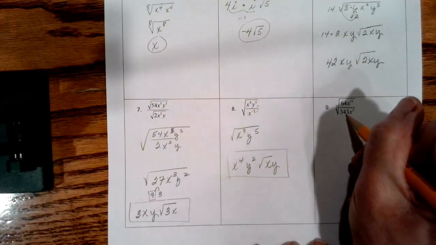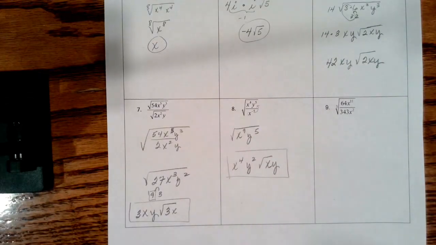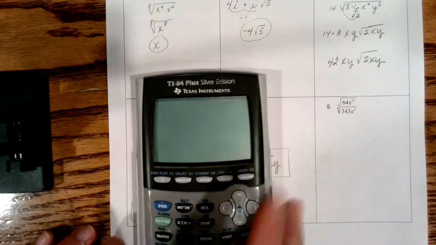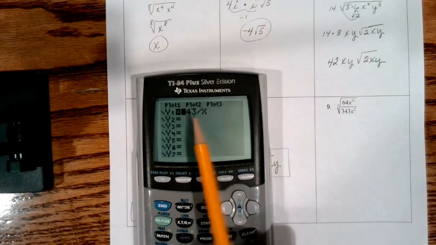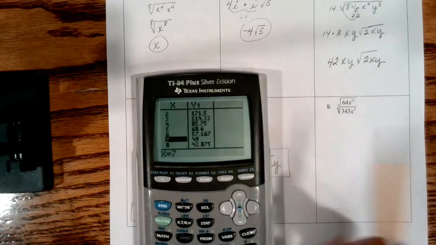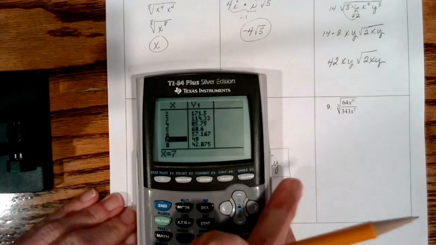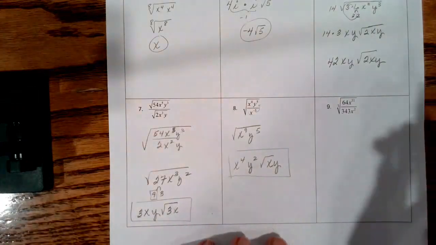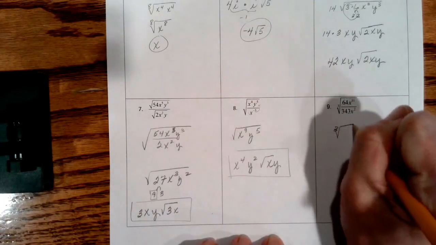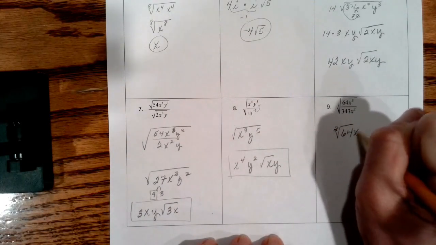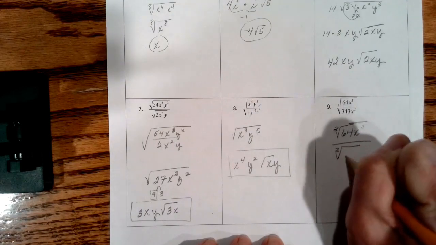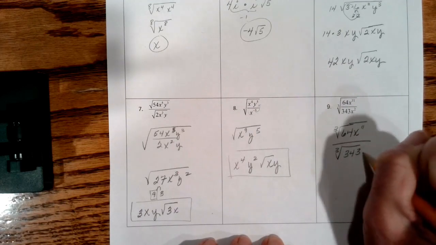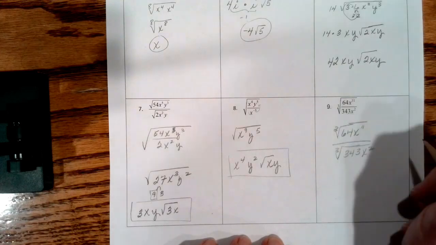All right, 343, is that the friendly number I keep forgetting? So when I go to my calculator, if you look at the last number I used, yep, that's my 7 cubed. That's the one that I never seem to remember. So the cube root of 64 x to the 11th over the cube root of 343 x squared. Ooh, wait.